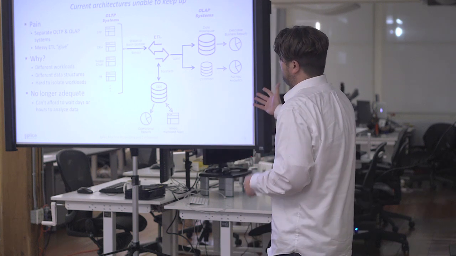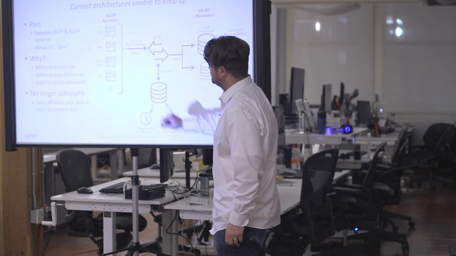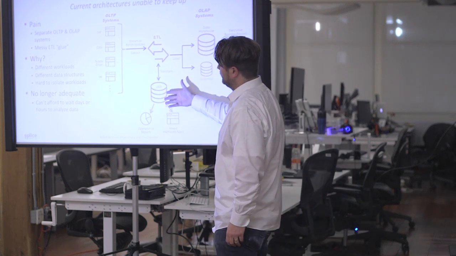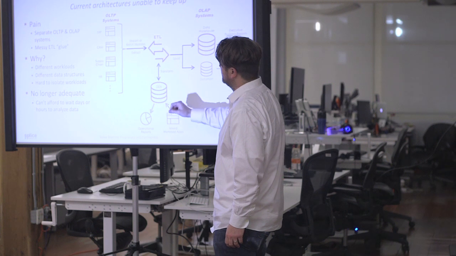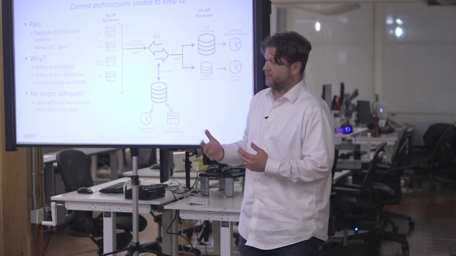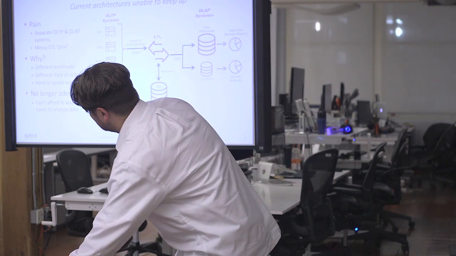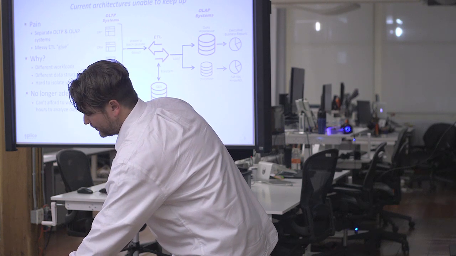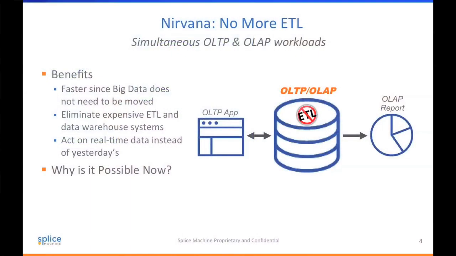So this is the challenge in the space. You have your transactional systems, ever more expensive operational data stores, and those need to be spun off into analytics. This is really no longer an adequate approach. People want to take in transactional data in real time, and they want to run analytics against it.